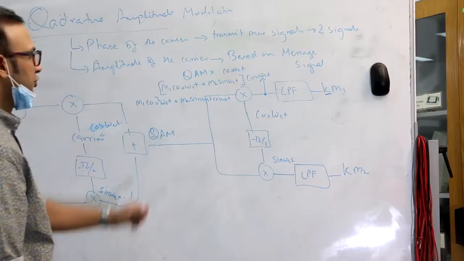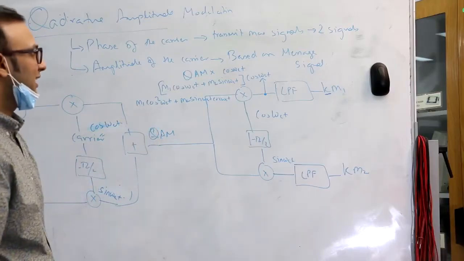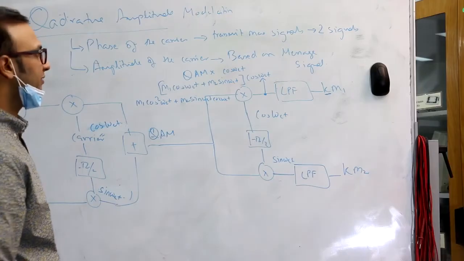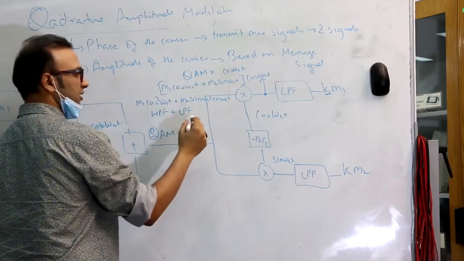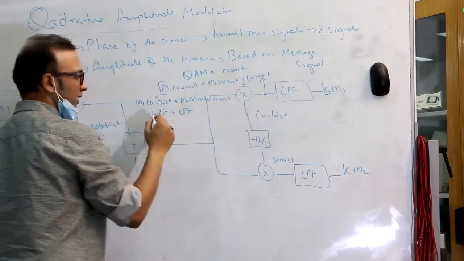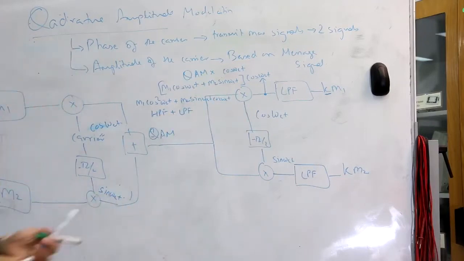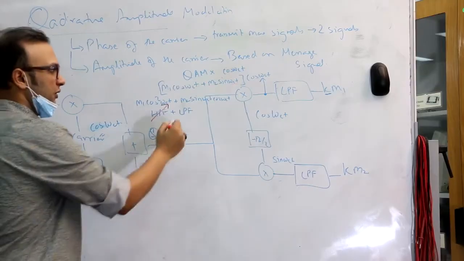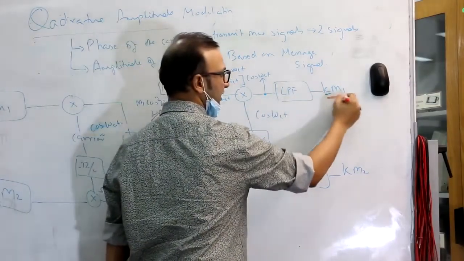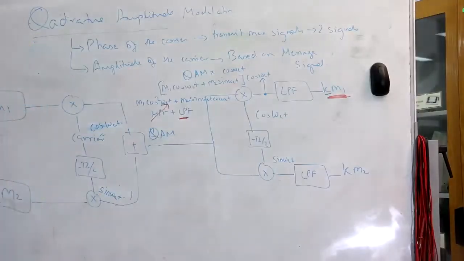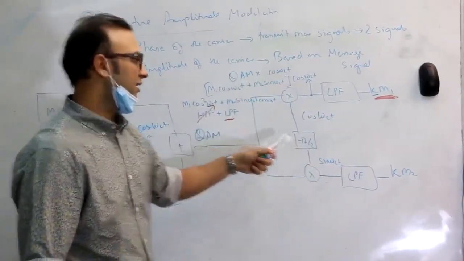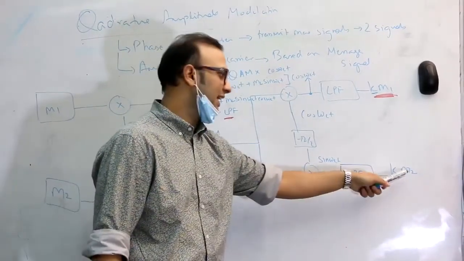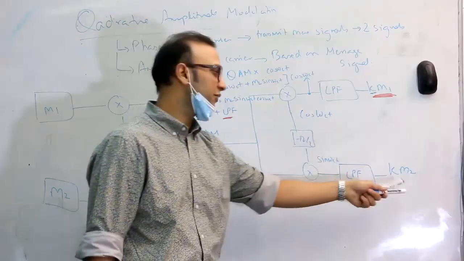Using trigonometric functions, you will see that at the end we have some high frequency components and then low frequency components. When passed through a low pass filter, the high frequency components are removed and you are left with the low frequency signal, which is M1. The same thing happens over here. When you multiply with sine omega ct, do the math, and pass it through a low pass filter, the high frequency component goes away and you're left with only M2.